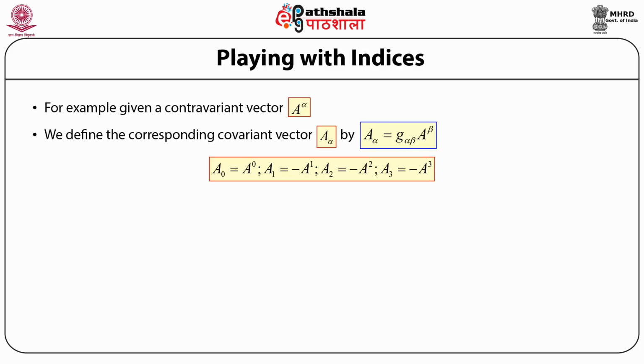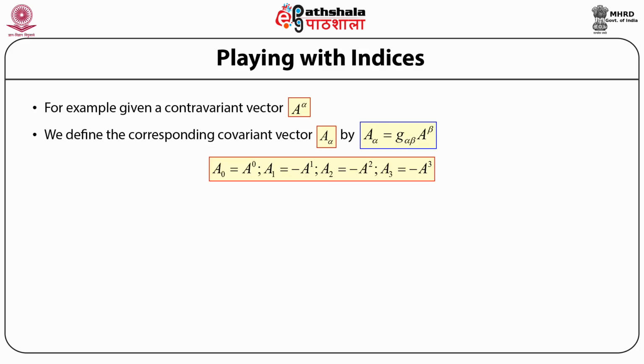So expanding this with beta taking the values 0, 1, 2 and 3 and alpha taking the values 0, 1, 2 and 3, we get A_0 equals A^0 from the definition of the metric tensor. A_1 equals minus A^1, A_2 equals minus A^2 and A_3 equals minus A^3.